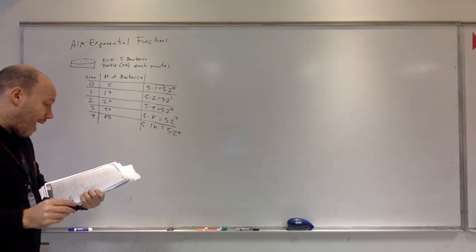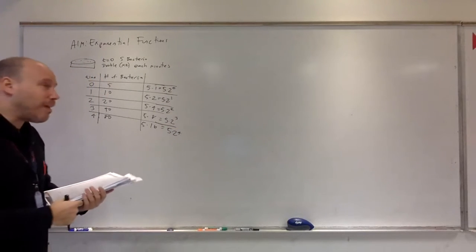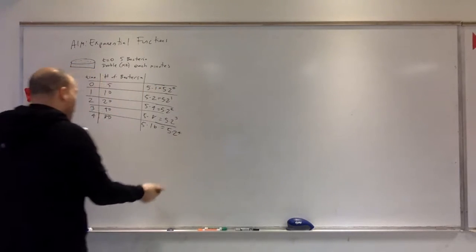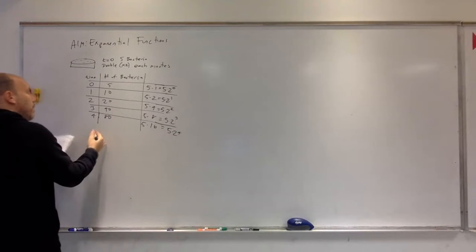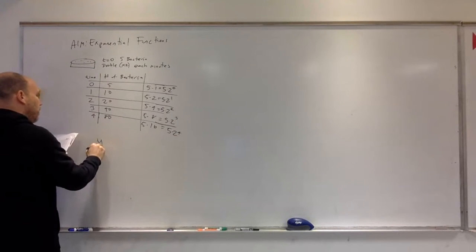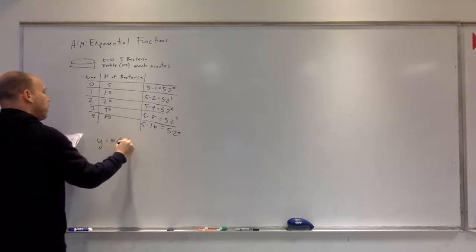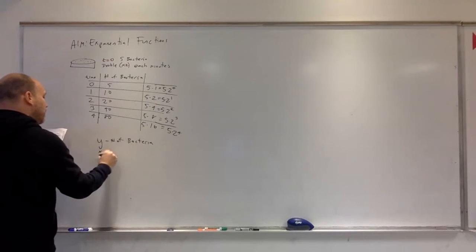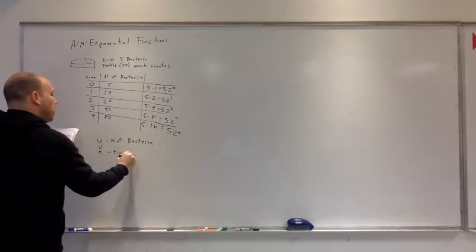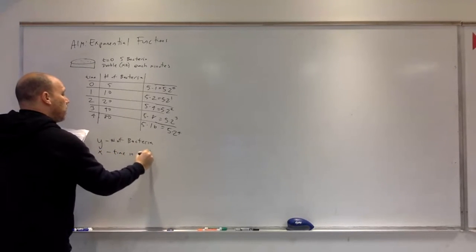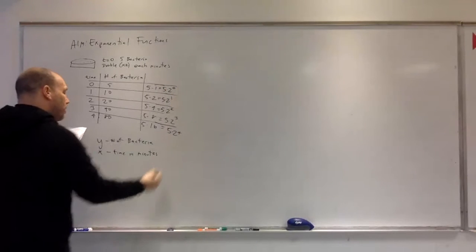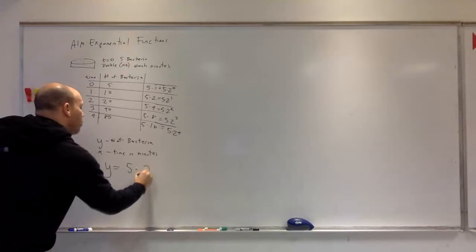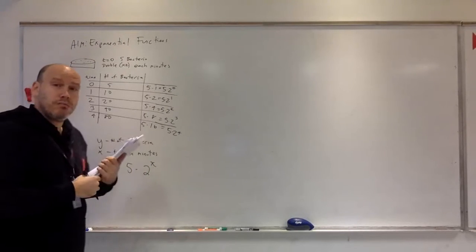And so I can now create a formula to represent any time. I could say that the number, let's call it y, is the number of bacteria, and x is time in minutes. And just by looking at this, I can say y is equal to 5 times 2 to the x.